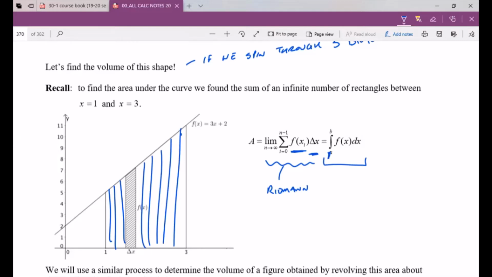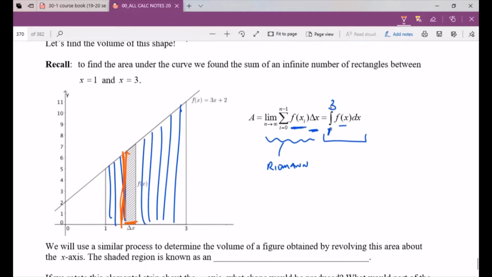A is 1 in this case, and b is 3 in this case. The f of x refers to how tall that rectangle is, and the dx, the delta x, is the width of this rectangle. That ends up summing it up.